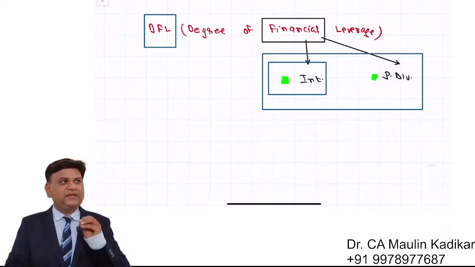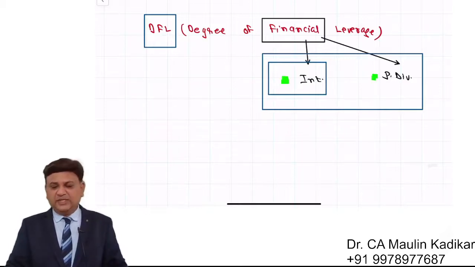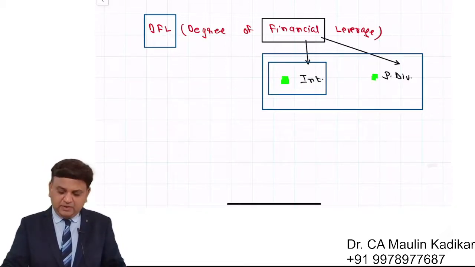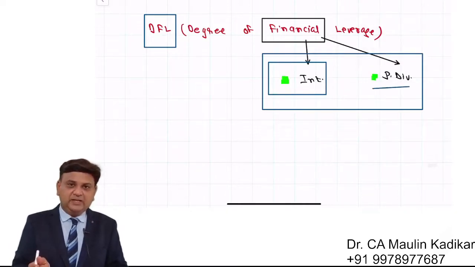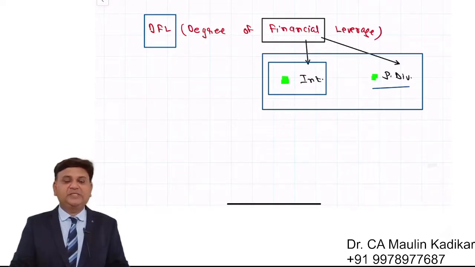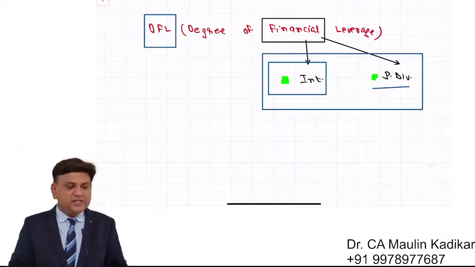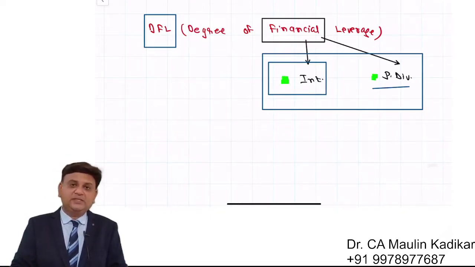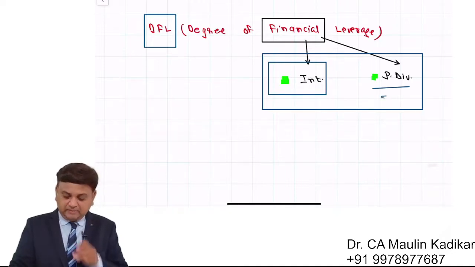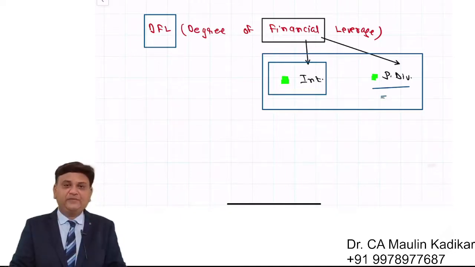Dear students, listen carefully: in financial management, preference shareholders are considered more as outsiders rather than part of the business. They are not considered to be the owners. Only equity share capital and the reserves and surplus are considered to be the owner's financing. Otherwise, the preference capital is considered to be the outsider's financing.